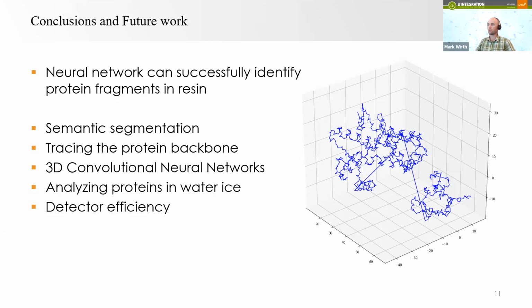We were not using convolutional neural networks in this work. It was just more computationally expensive than we really had access to. So in the future, using 3D convolutional neural networks could definitely be a direction that we go. And then we are also currently working on analyzing proteins in water ice. Water ice presents a whole different slew of challenges, but doing cryo experiments like this, we are perfectly capable of doing at EMSL.